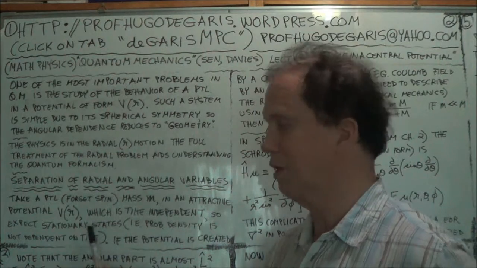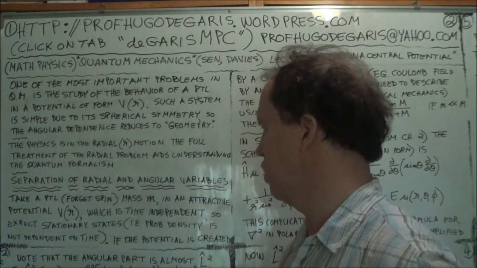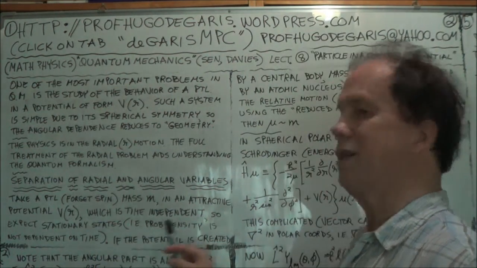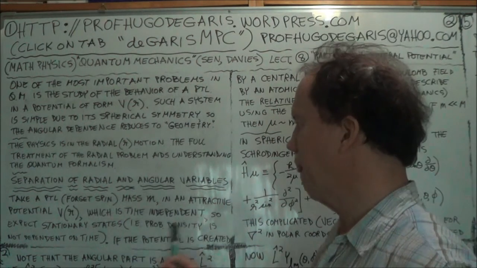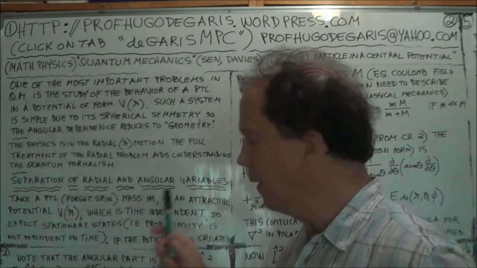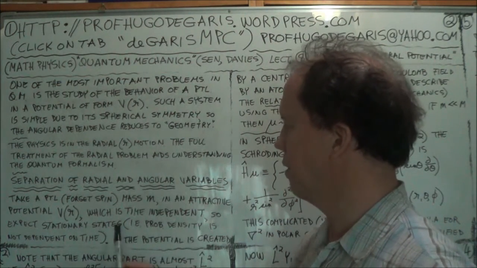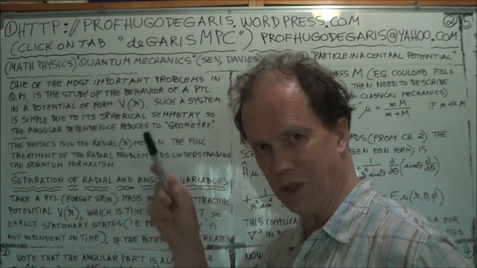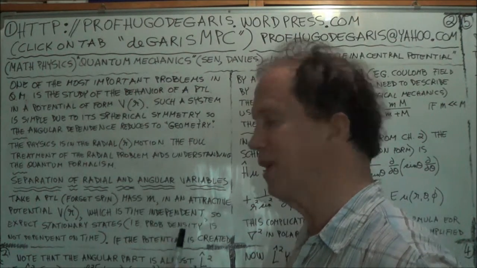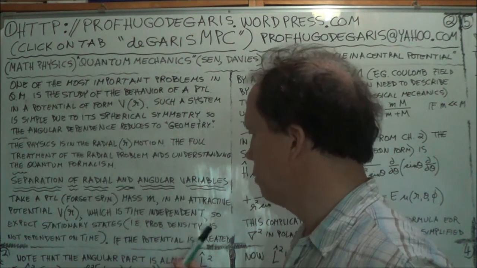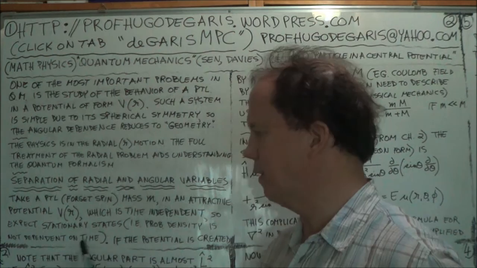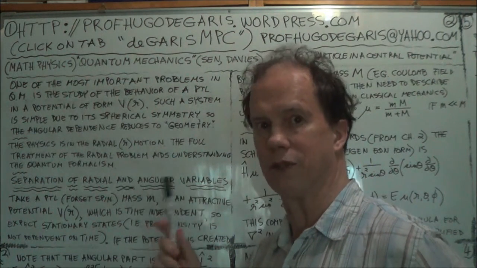Now, I talked about stationary states in earlier chapters. A bit of a reminder here, a refresher. A stationary state, what is that? It means that the probability density you get from the state, the wave function, when you square it, remember, it gives you a probability density. That probability density is independent of time. It's not a function of time.